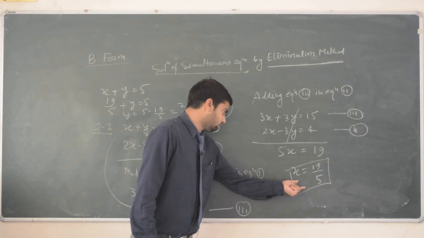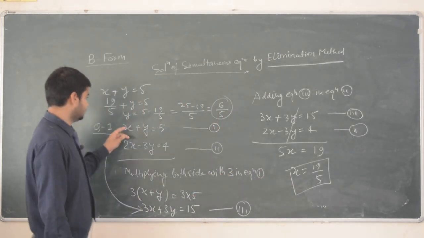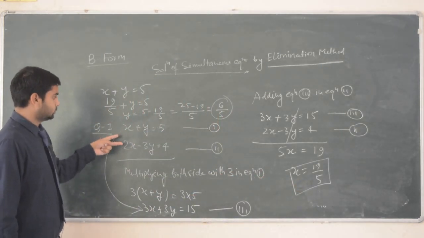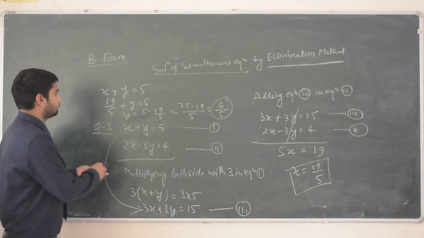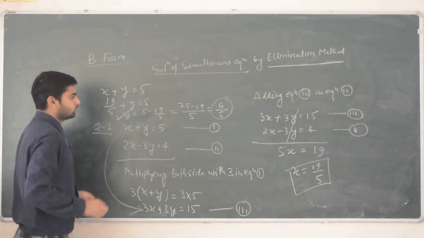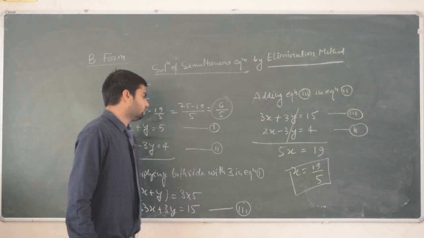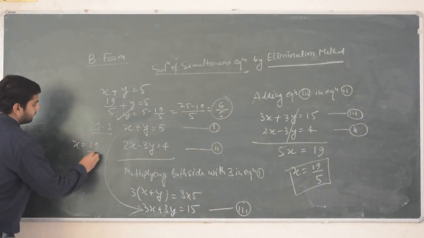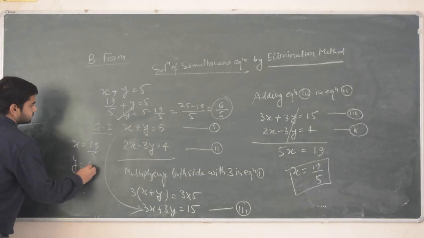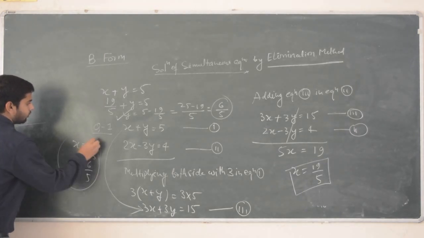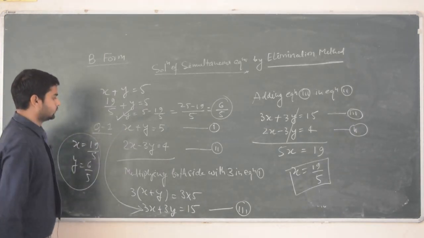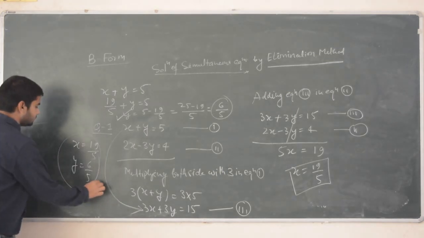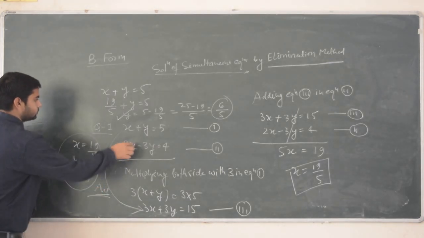Once we get the value of x, we put this value in either equation 1 or equation 2, so that we get the value of the second variable y. So the values x equal to 19/5 and y equal to 6/5 are the solution of equations 1 and 2. This is the answer to these two equations.